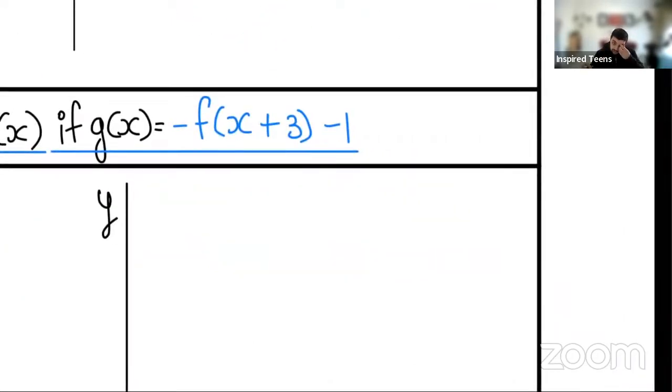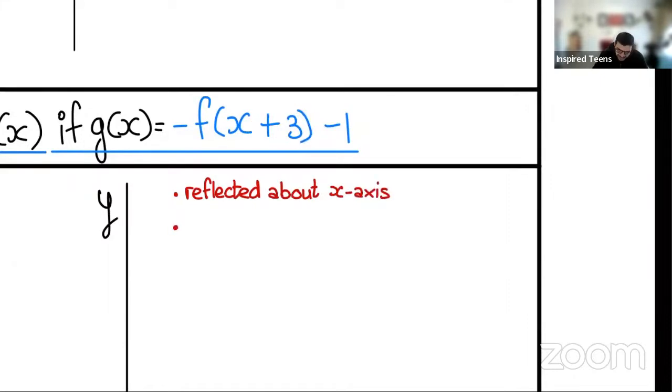Let us try and identify these changes. So the first change is it was made negative f of x. We made it negative f of x. So the graph was reflected about the x-axis. Okay, the y coordinates were made negative.